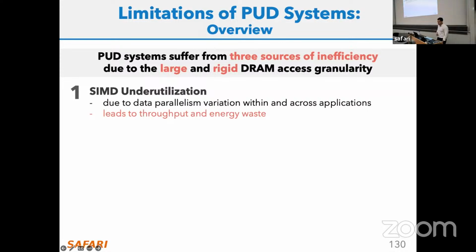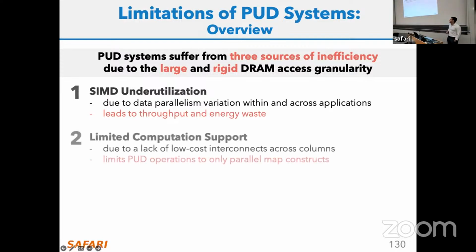So the problem that we identified in this follow-up paper that I'm just going to mention is that currently processing-using-DRAM systems suffer from this severe underutilization problem because the granularity of computation is fixed and rigid. It's always 8 kilobytes.